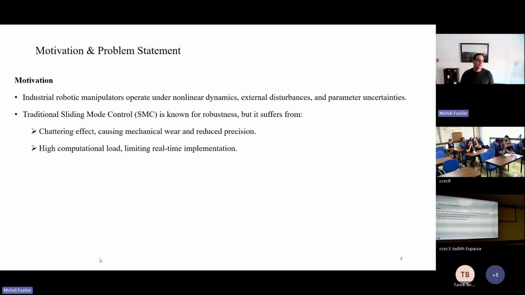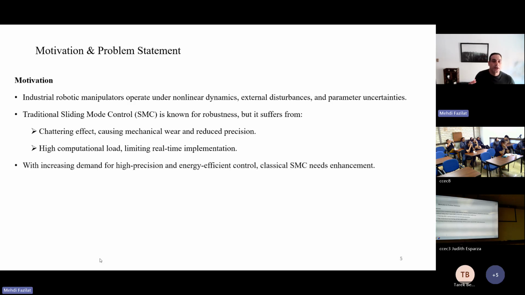The first is the chattering effect, and the second is a high computational load for calculating the strategies and control. Given today's demand for high precision and energy efficient robotic control, the classical sliding mode control should be upgraded to be more precise and avoid chattering during task execution.